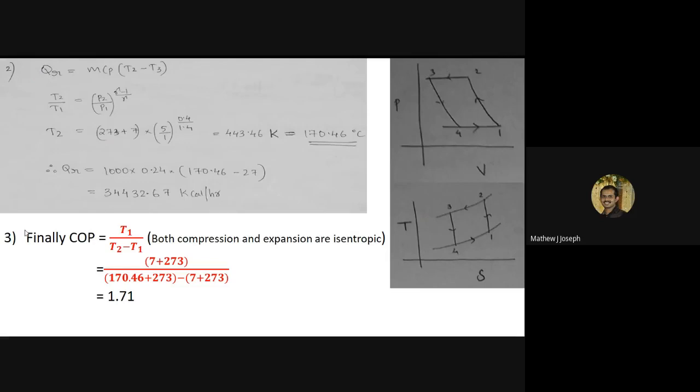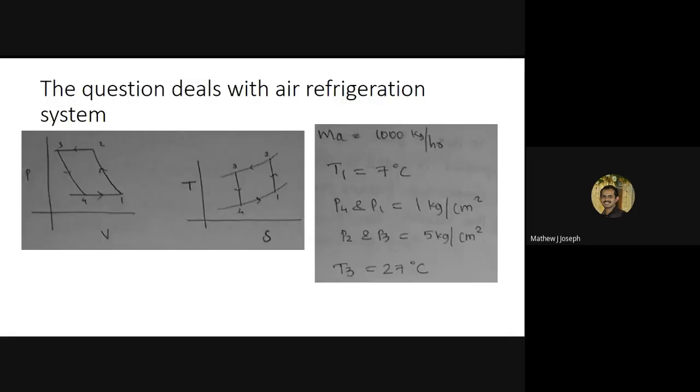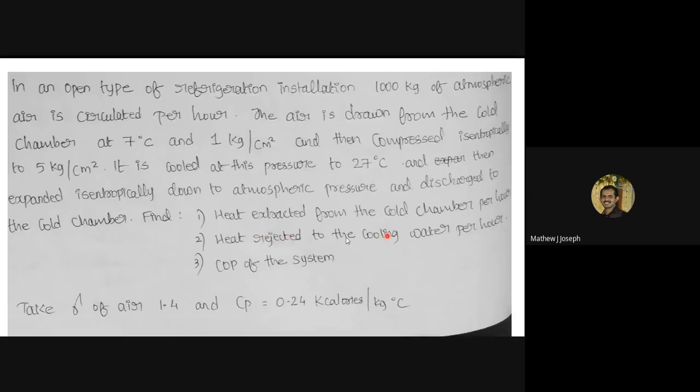Now we need to find out the heat rejected to the cooling water per hour. So where is this cooling water normally supplied? At the cooler, or the heat rejection process.